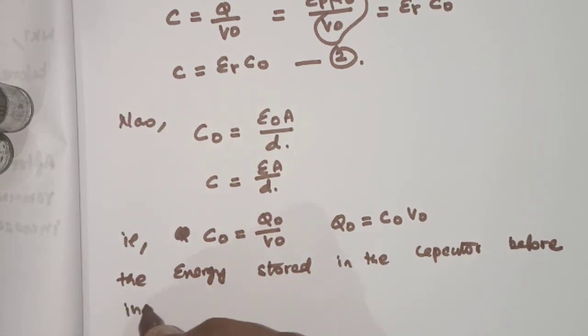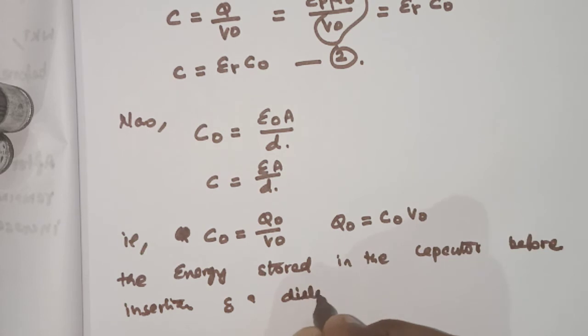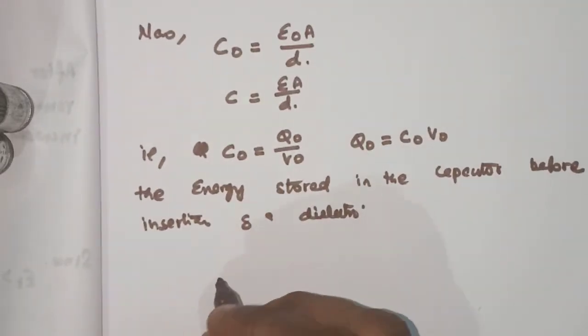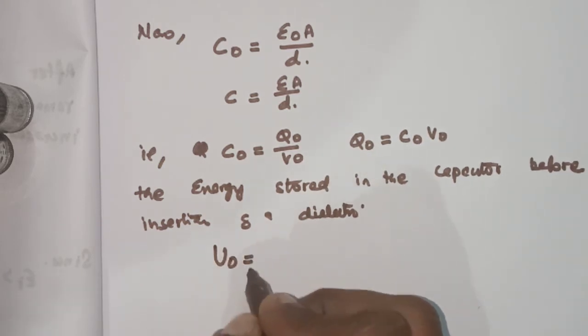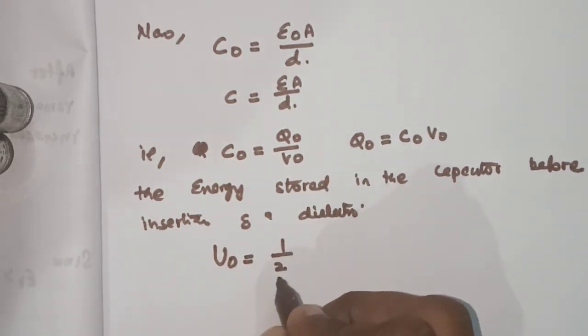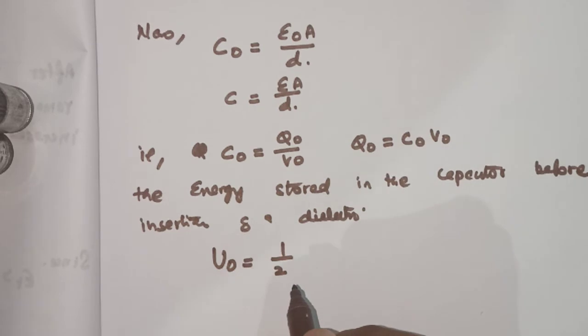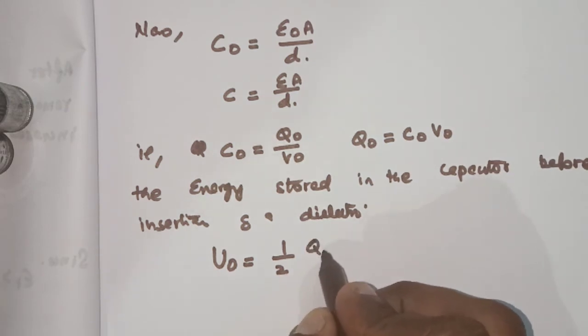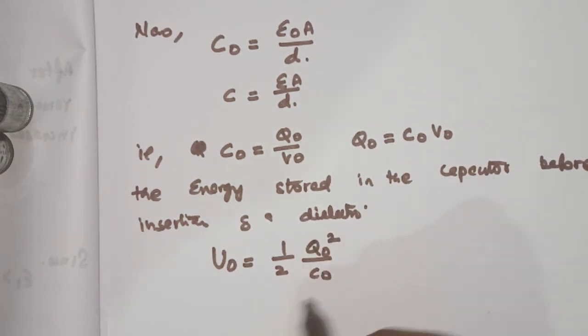We can write U naught equal to half Q naught square divided by C naught.